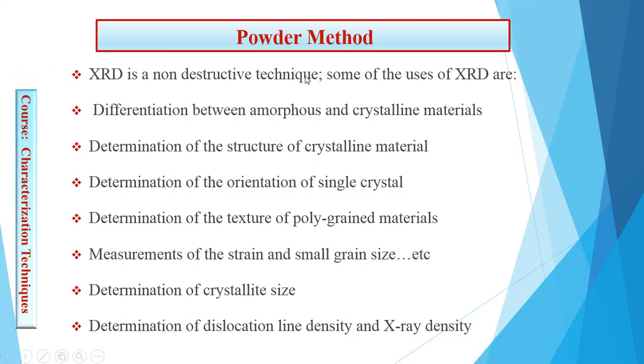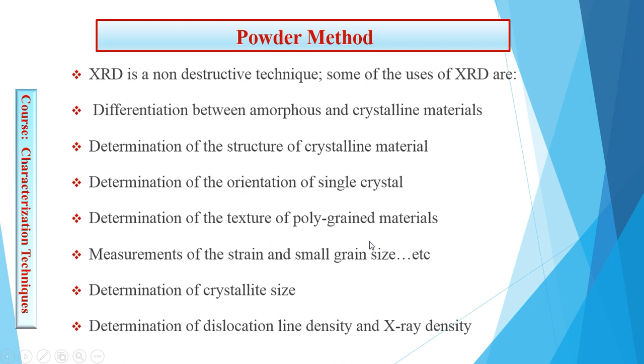Okay, so there are many applications of the powder method. XRD basically is a non-destructive technique. Some of the uses of XRD are: we can differentiate between amorphous and crystalline samples with the help of XRD analysis. We can determine the structure of the crystalline material. We can also determine the orientation of a single crystal, and the texture of poly-grained material.